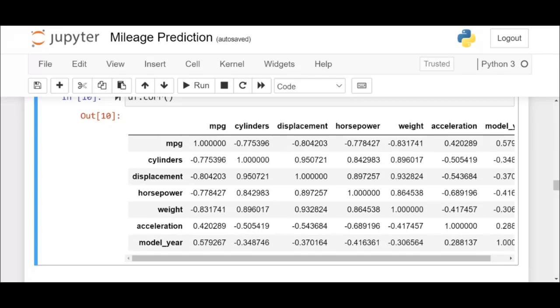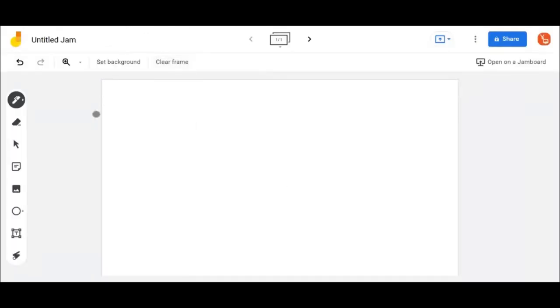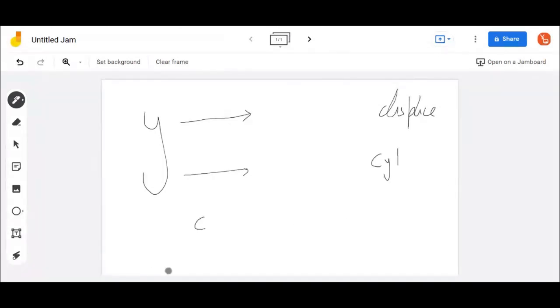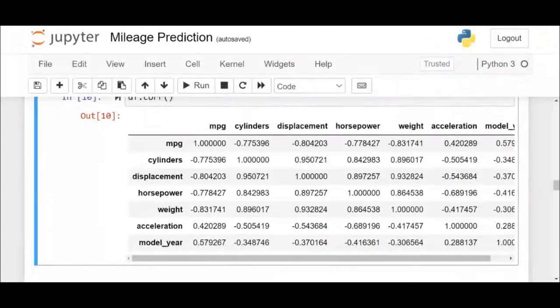Very good observation, but what does that signify? How much is y correlated with displacement, how much with the cylinder, and how much are cylinder and displacement correlated? Cylinder and displacement are 95% correlated, and 95% is as good as 1.